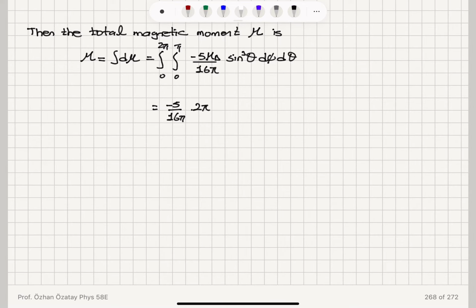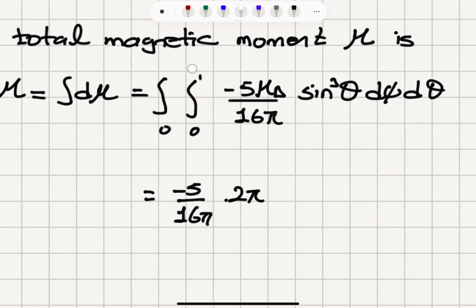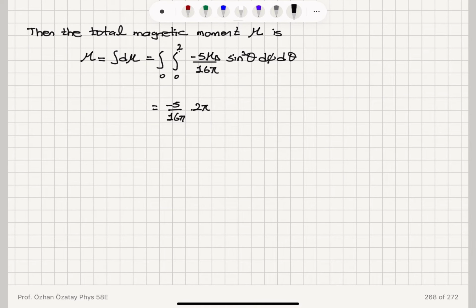So this limit will be 2 pi, and this limit will be pi. So performing the phi integral first, I have minus 5 over 16 pi multiplied with 2 pi Bohr magnetons, integral from 0 to pi sine cube theta d theta.